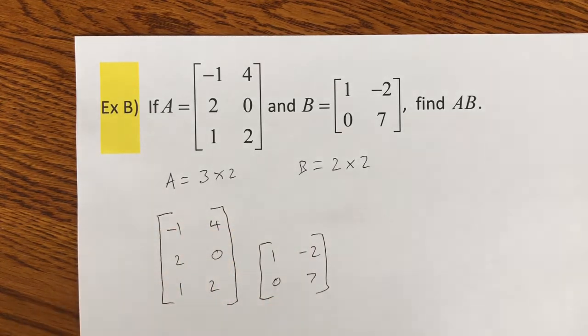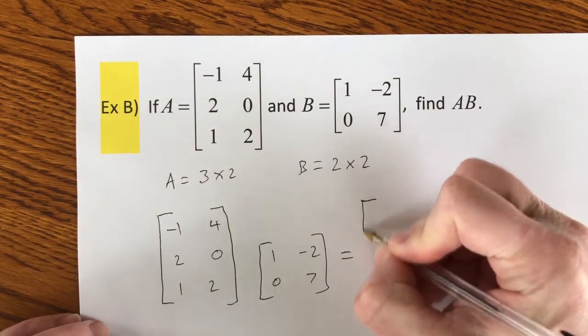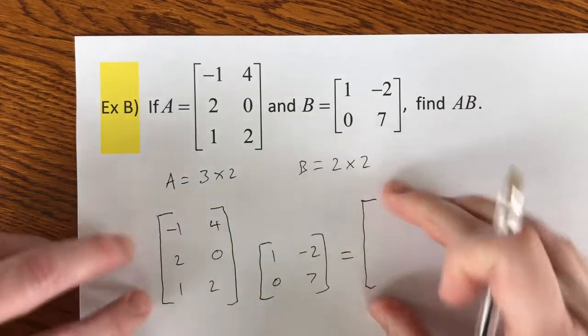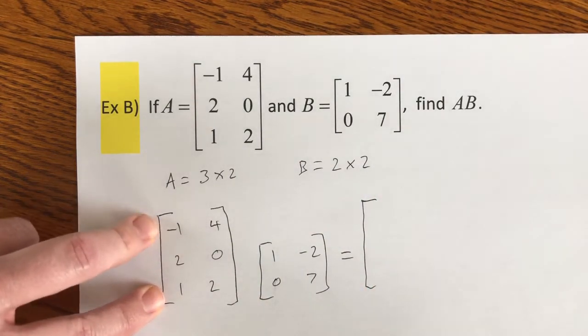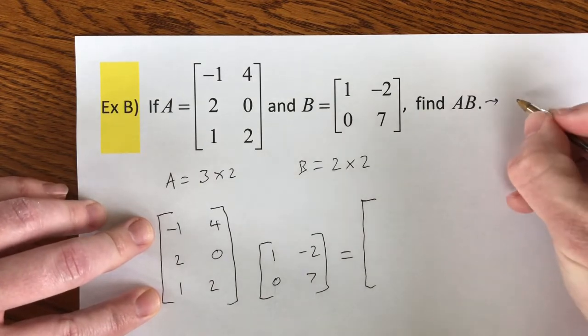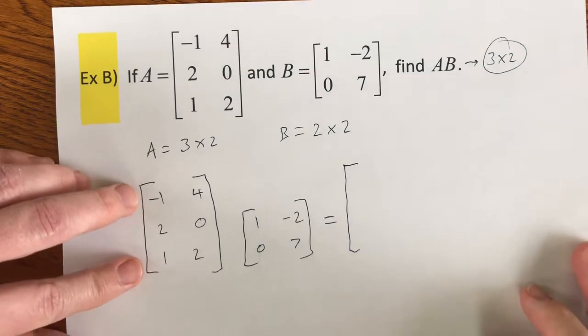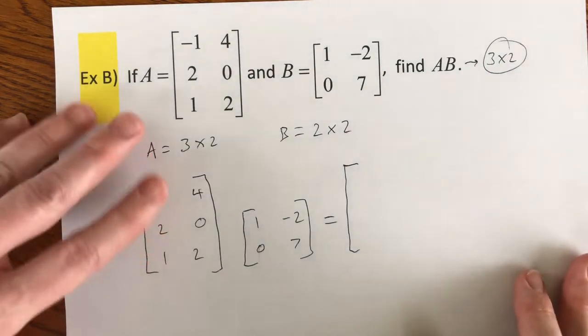That's called taking the dot product. So here's what that would look like. I'm going to start off with the same size open bracket here, because I know my resulting product is going to be 3 by 2 size. So let's see if we can work this out.